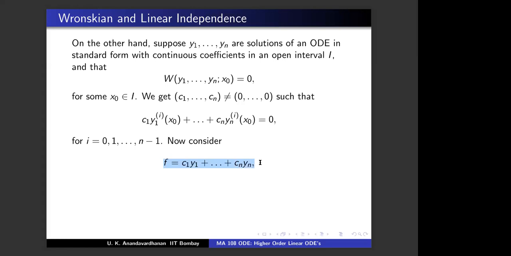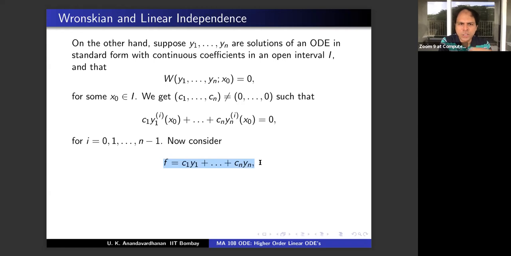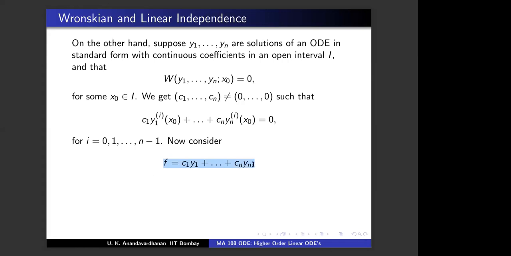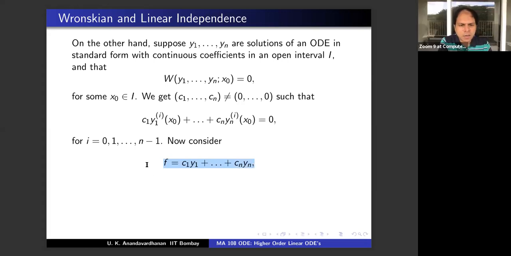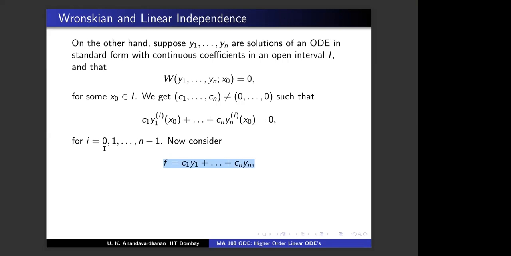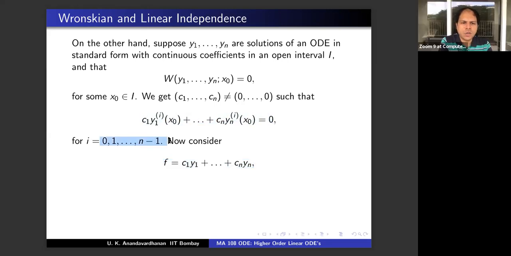Yes, because f anyway satisfies the differential equation, since y1 etc. yn are solutions of the differential equation and it is homogeneous. And is f at x0 0? Yes, because this is true for all I. So f at x0 is 0, f prime at x0 is 0, etc., the n minus first derivative of f at x0 is 0.